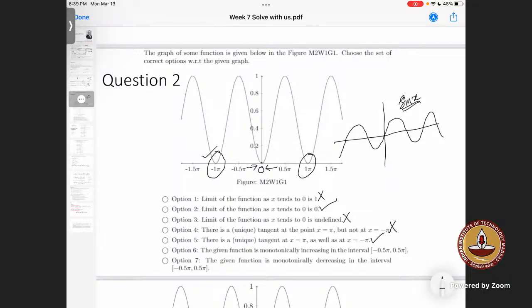But what I'm saying is, at x equal to pi there is only one tangent, one unique tangent, and at x equal to minus pi there is also one tangent. That's how we have to see this option. But if you increase this tangent to the right side, then this will be the same line. Then how will the tangent be unique?